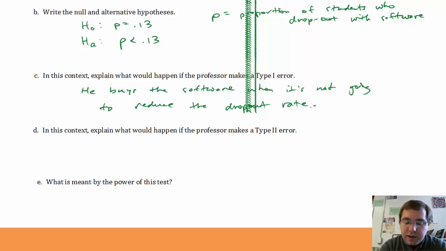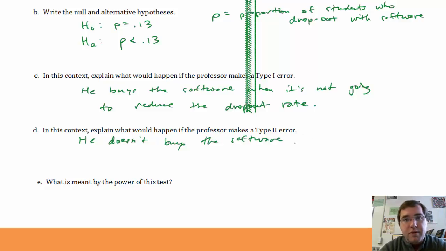Alright, in this context, explain what would happen if the professor makes a type 2 error. Type 2 error is failing to reject the null hypothesis when you should reject the null hypothesis. So failing to reject the null hypothesis means he thinks the null hypothesis is correct, so that means he's not going to buy the software, because he thinks it's not going to work.